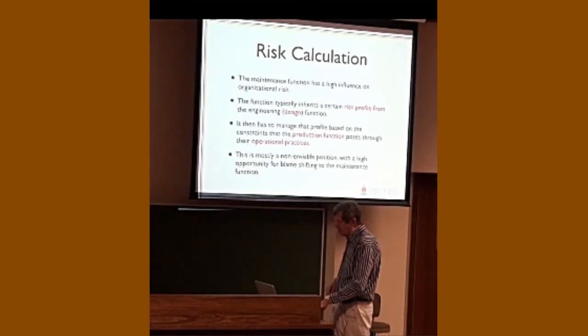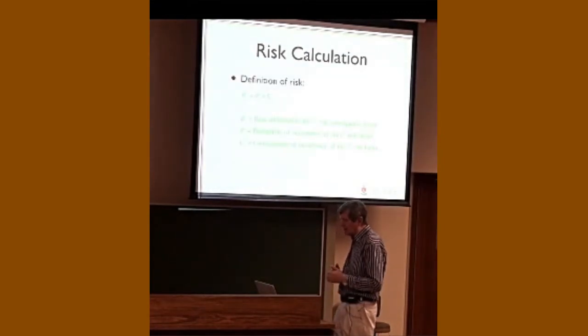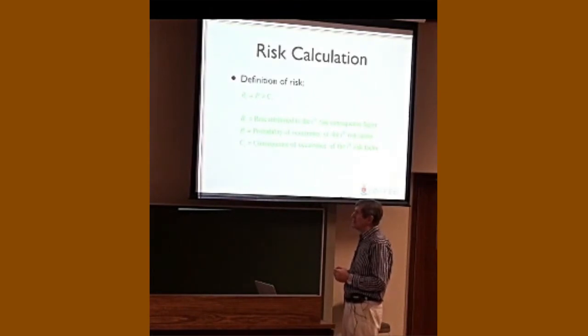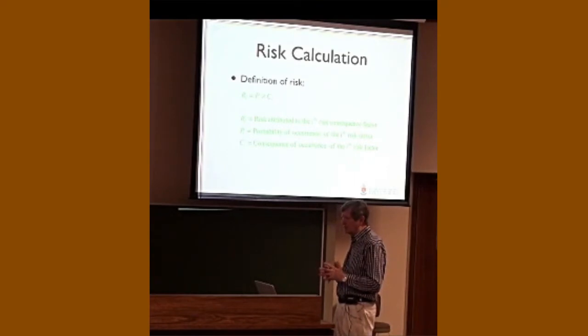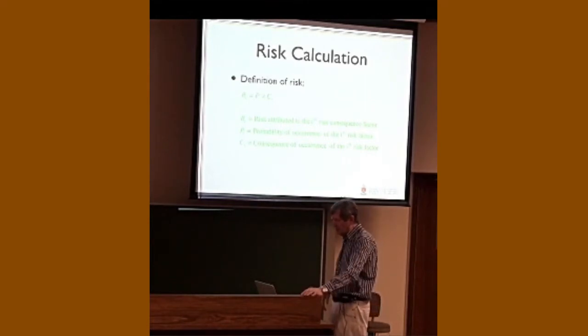In terms of calculating the risk, there's the definition of risk. Risk is a probability of occurrence of some risk factor times the consequence of the occurrence of that risk factor, and that gives you the risk that is attributed to that risk factor. We call it the risk consequence factor. Now the factors involved in the maintenance case are these.